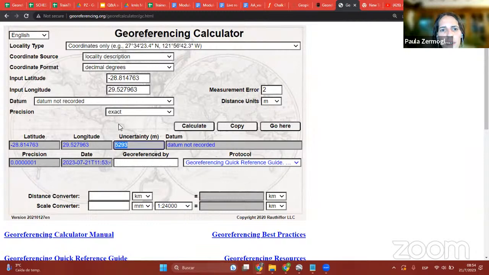Remember that the uncertainty has different sources. They can be the precision, can be the measurement error, can be, if it was a GPS, the GPS accuracy, can be the datum. We can have several sources of uncertainty. In this kind of location that we have here in this example, which is the source that contributes the most?